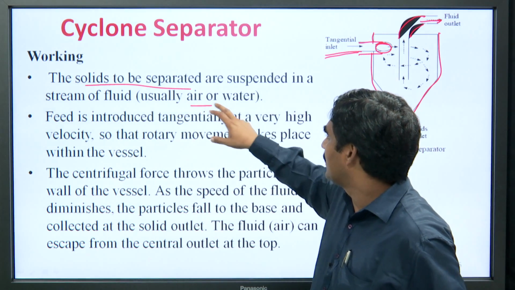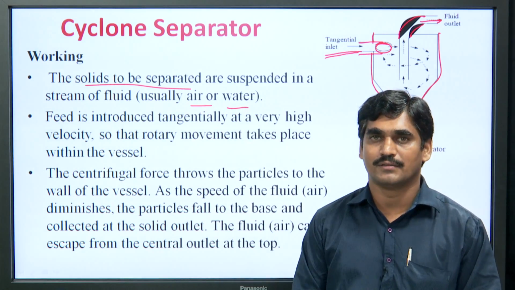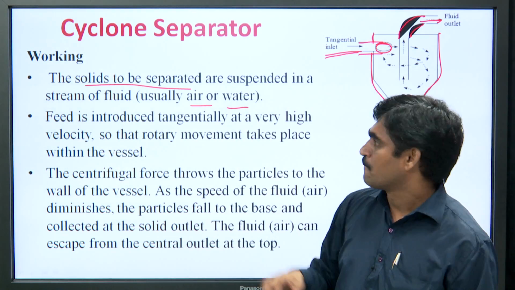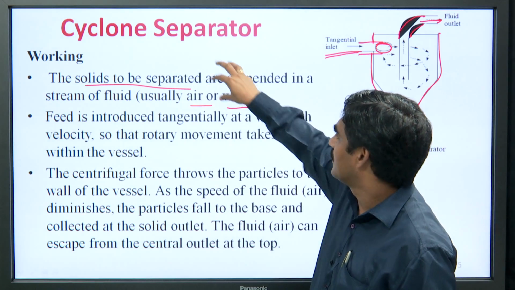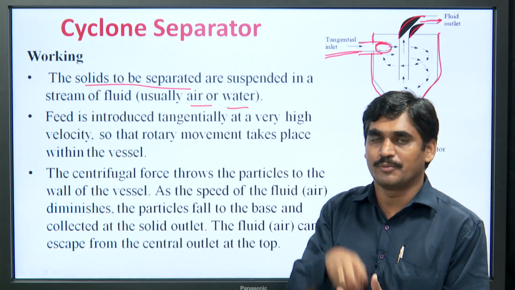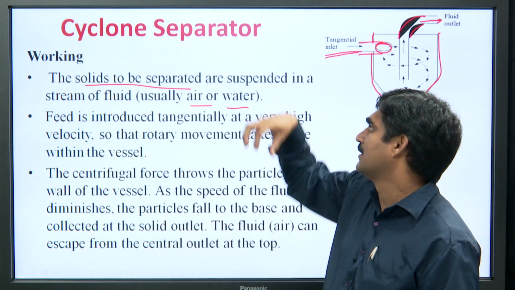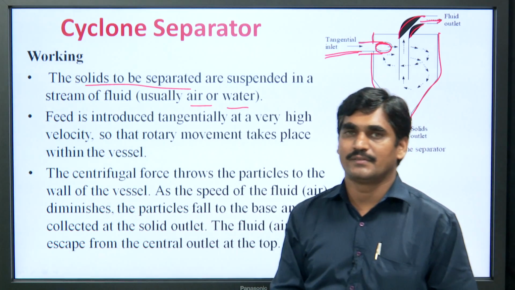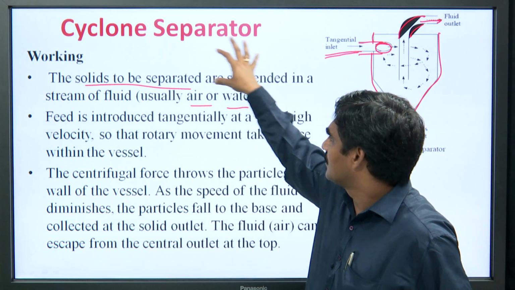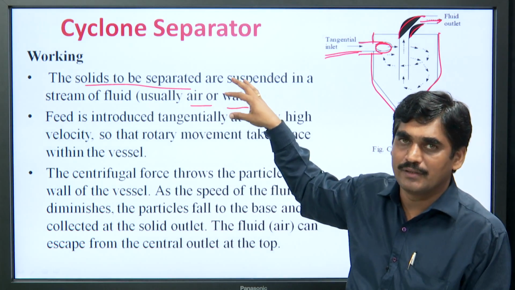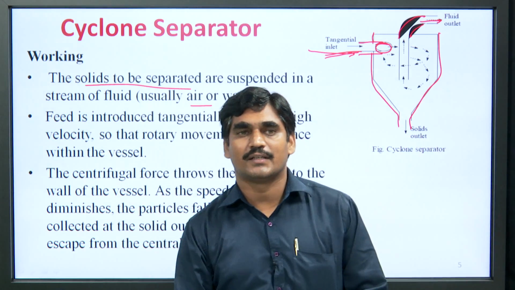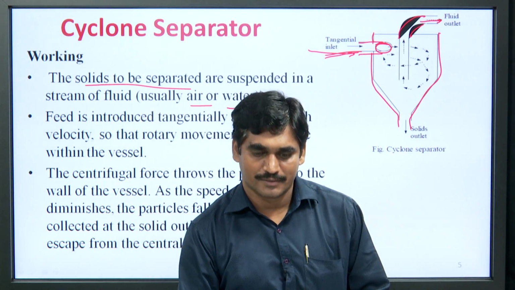Usually air or water is used as a fluid in cyclone separator. The solid particles are mixed with this air or water and we have to prepare a suspension, or we can say suspended into this air or water. As soon as this suspension is prepared, the fluid is introduced through this tangential inlet into the cyclone separator.